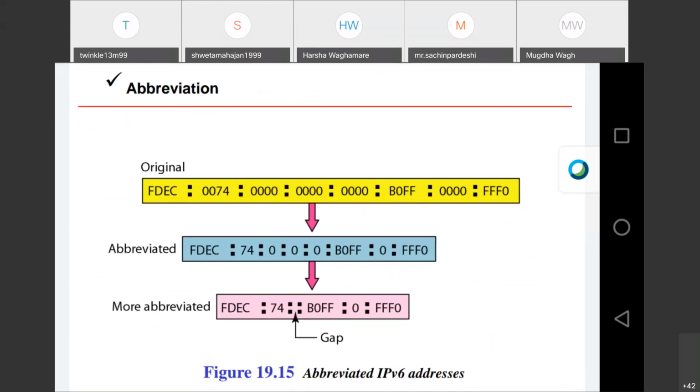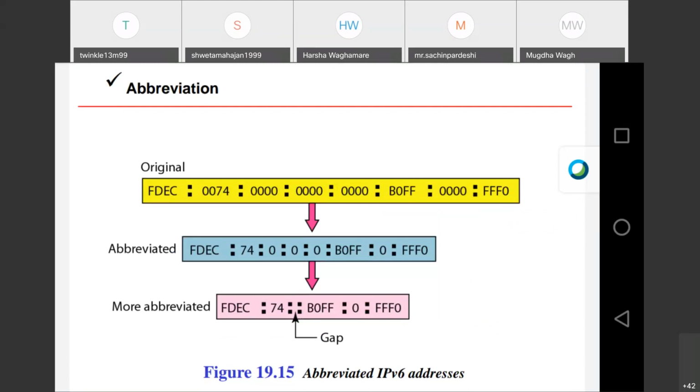Now, these 128 bits give many different combinations. The first combination, like 127 bits are 0 and the 128th bit is 1, is one combination. Here you will find almost all the bits are 0, only the last bit is 1. This is one address, but it is very long to write.